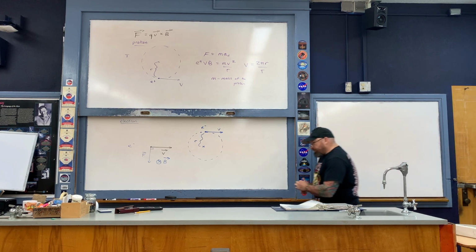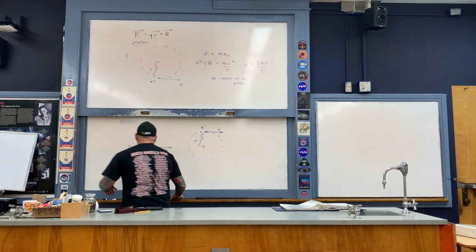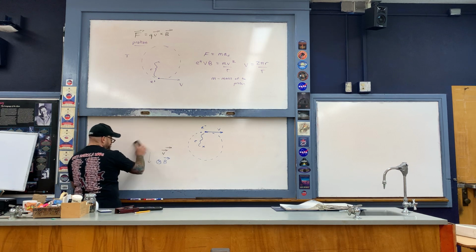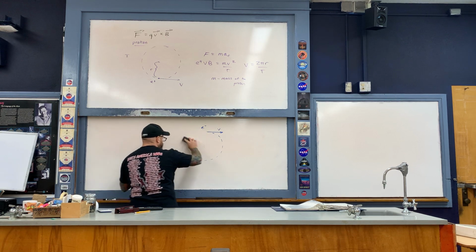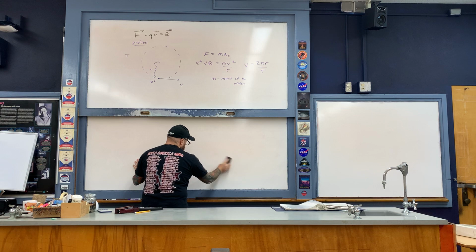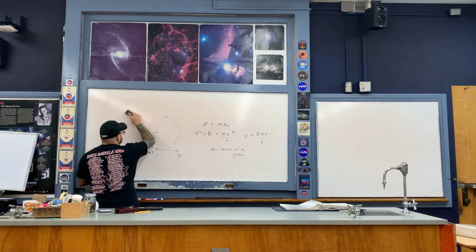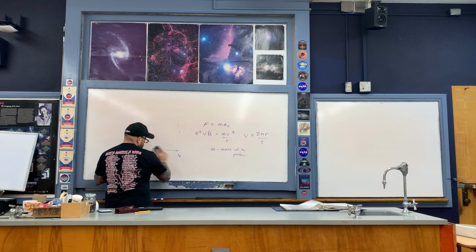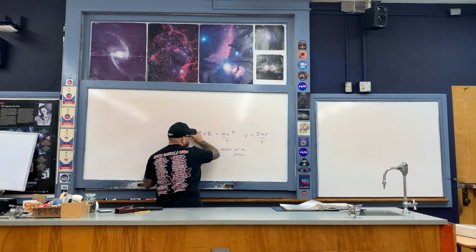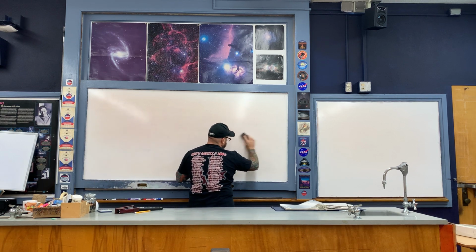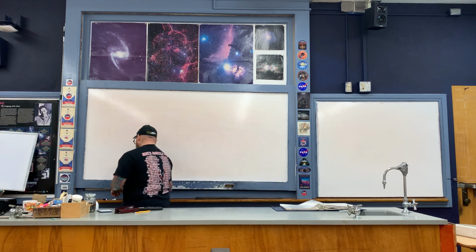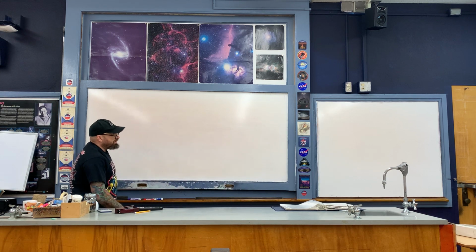Okay, go ahead and copy that problem down into your notes. Pause if you need to. I'm going to go ahead and erase the board here. Okay, and then here is the situation.